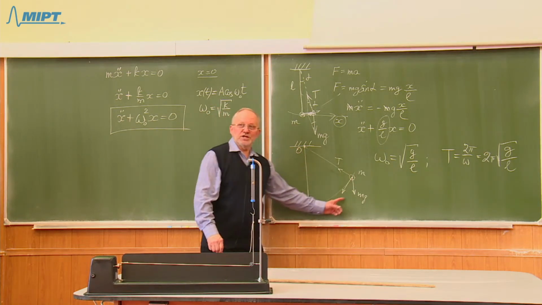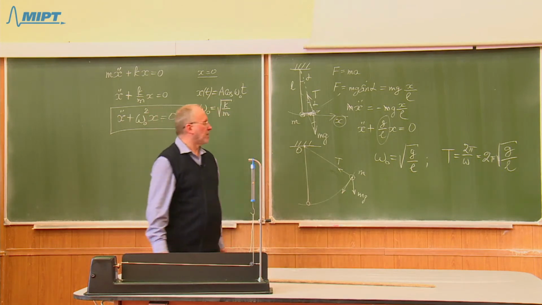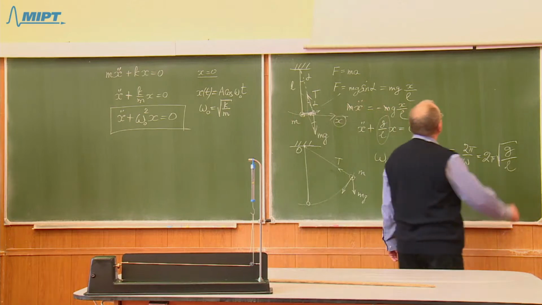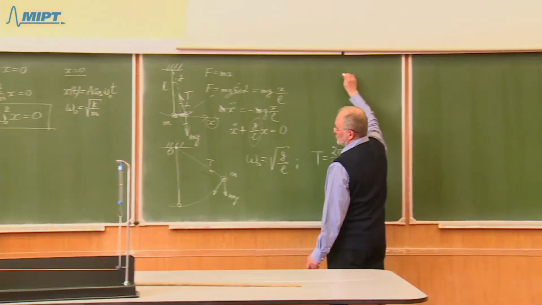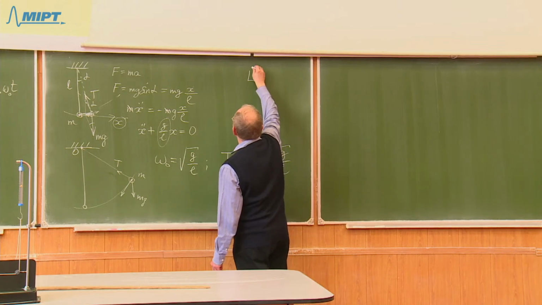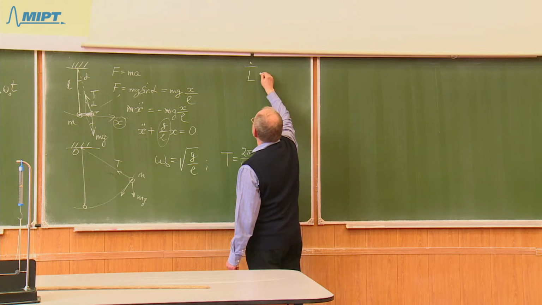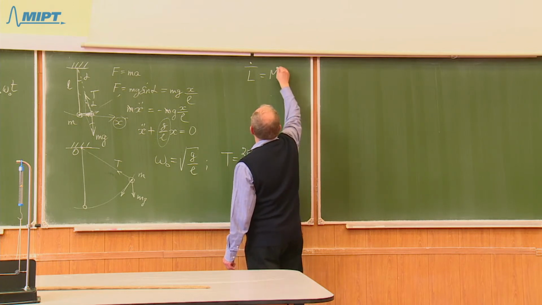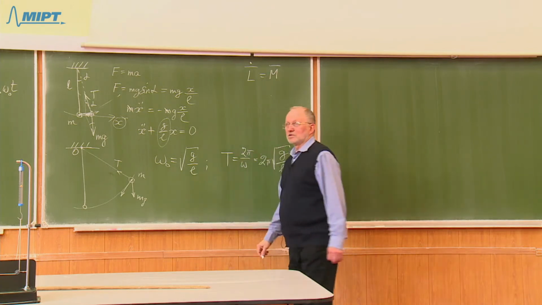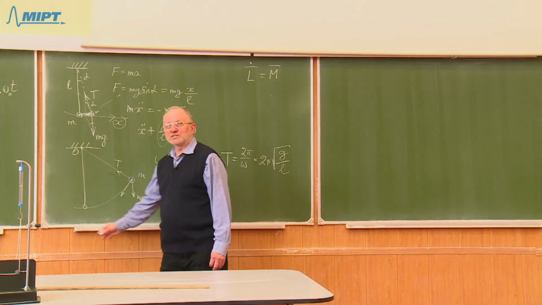And in any rotational motion, I can use the law which describes the rate of change of angular momentum. So the angular momentum, time derivative, equals the total external torque acting on the rotating system.